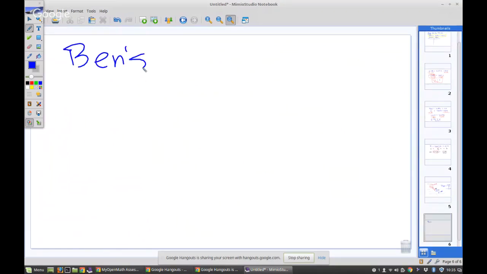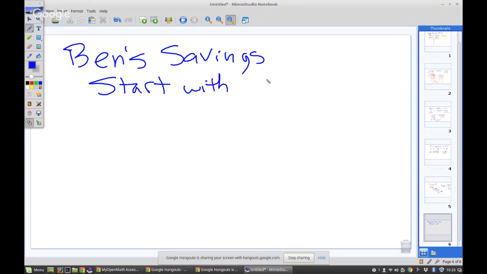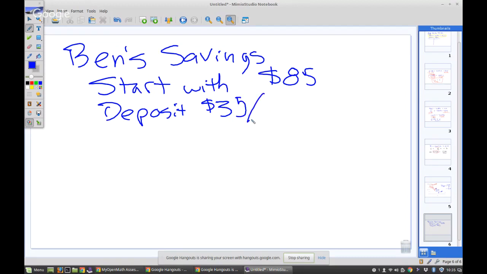Ben's savings. Again, he's starting with $85, and then he wants to deposit $35 per week.